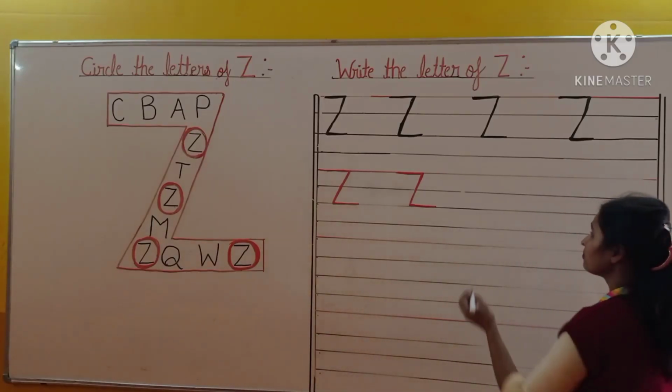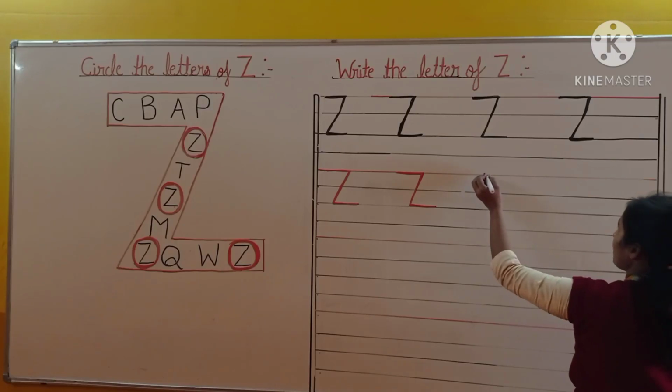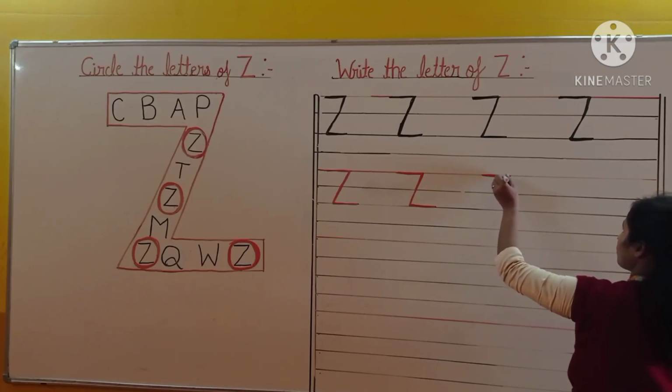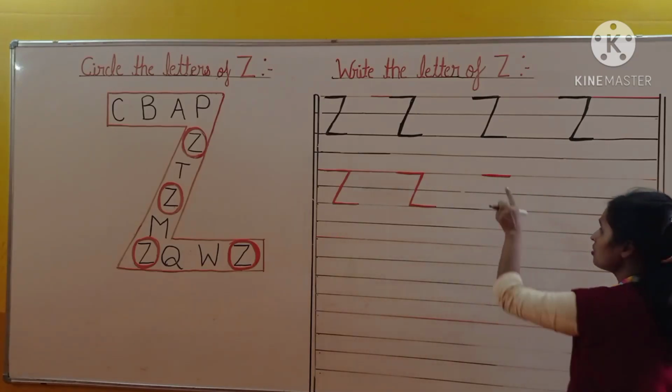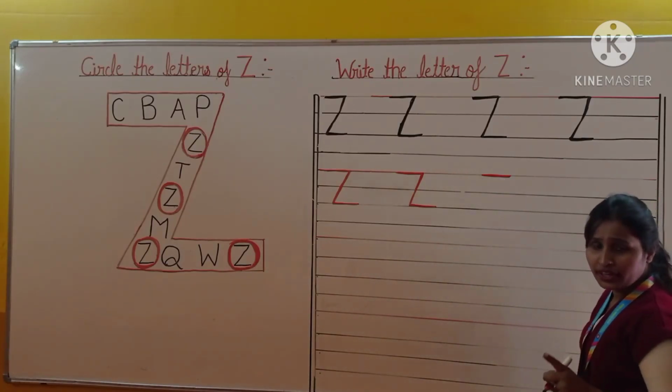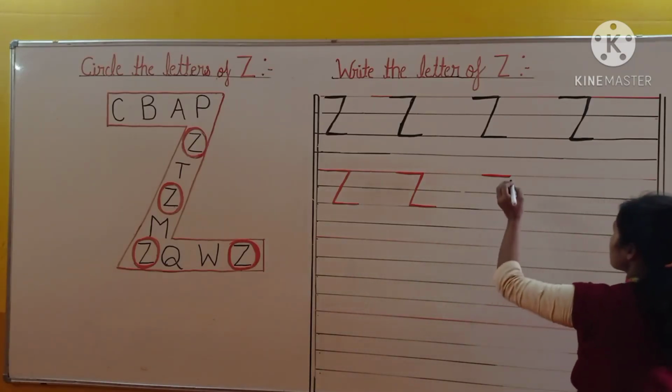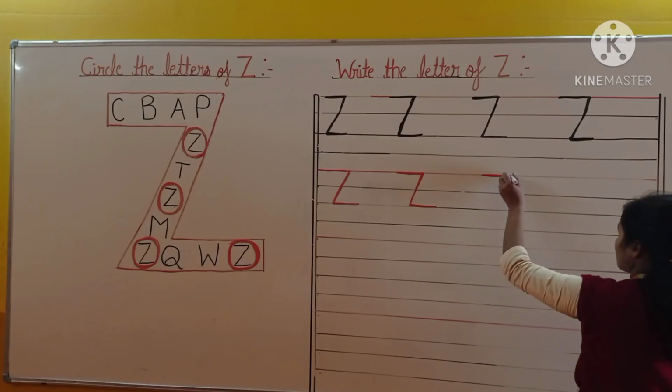Repeat again. Start from the dot, draw a sleeping line. Then slanting line down.